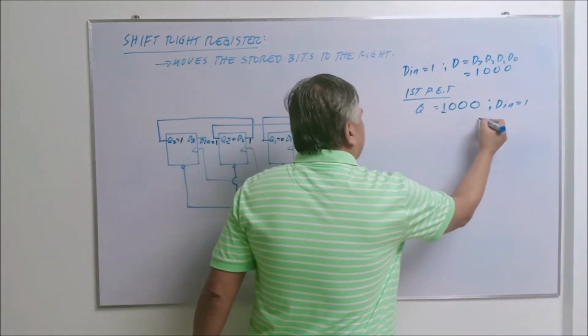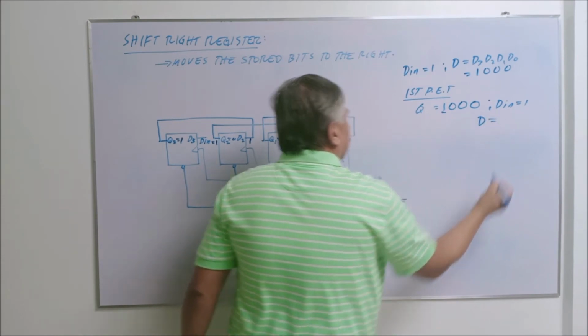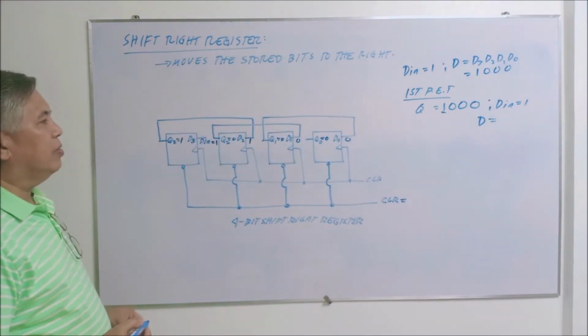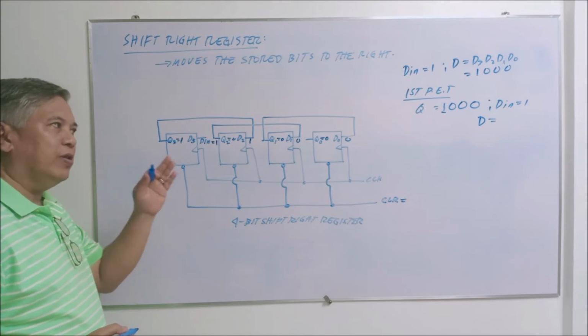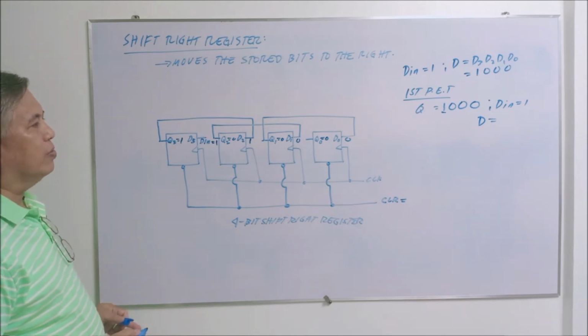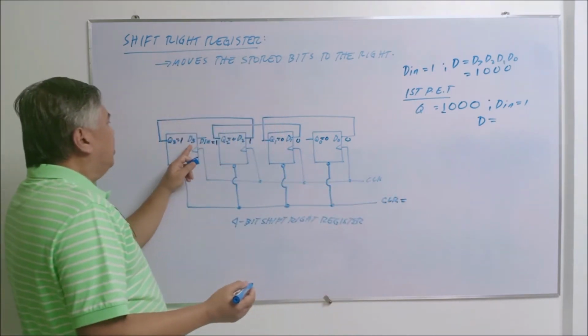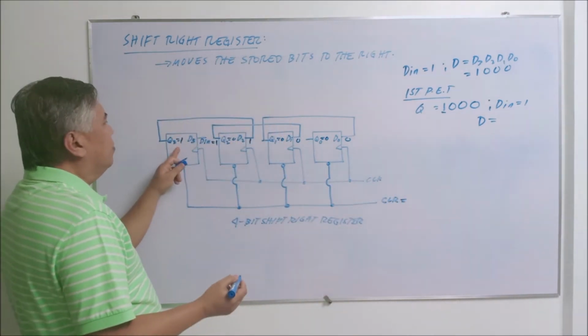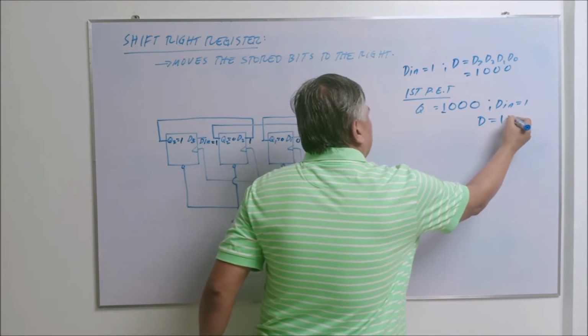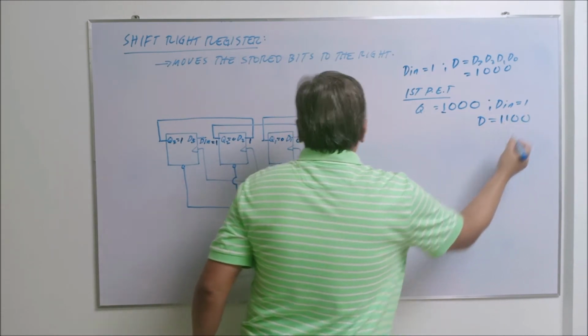So your initial D, before the second positive edge triggering of the clock occurs, will have D sub 3 equal to 1, D sub 2 equal to 1, D sub 1 equal to 0, and D sub 0 equal to 0, so you have 1, 1, 0, 0.